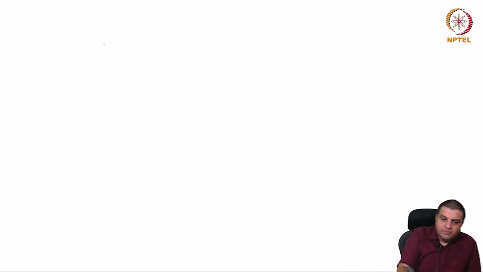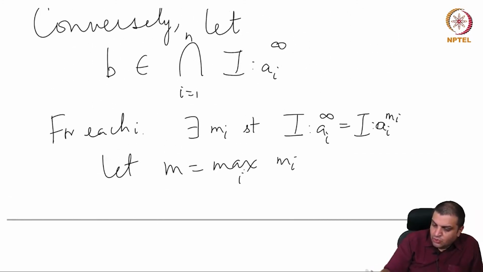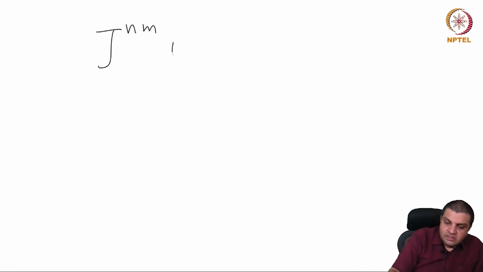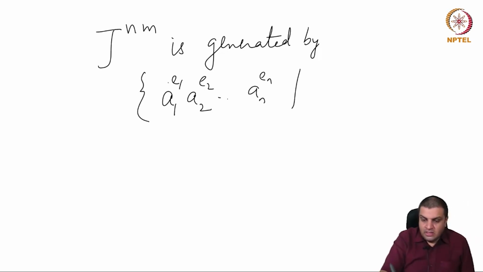So now consider J to the nm. n is the number of generators a1 through an, and m is the exponent that you need to go to in order to saturate each one of those. So what is this? This is generated by a1 to the e1, a2 to the e2, through an to the en, where the exponents add up to nm.